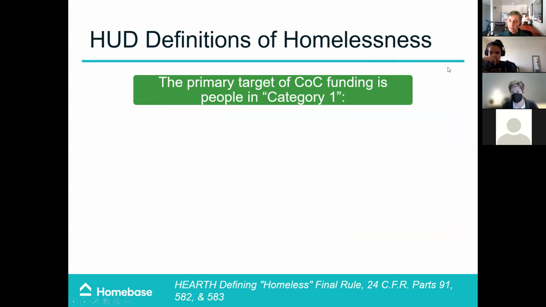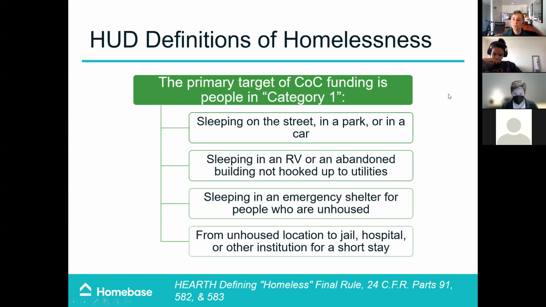So the primary, I would say the most common, just by numbers, definition that is used in Continuum of Care program funding is category 1 of the definition of what homeless means to HUD. Category 1 covers people who are sleeping or staying in places that are not intended for people to live in.